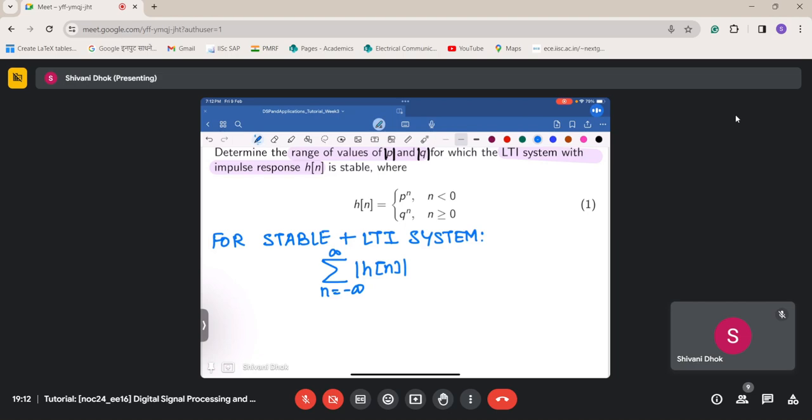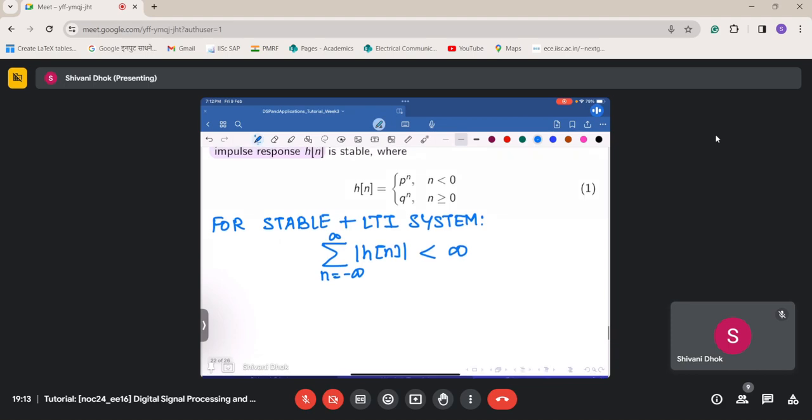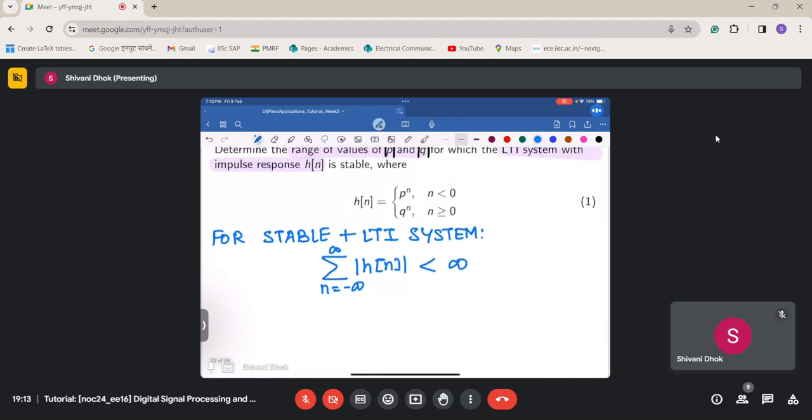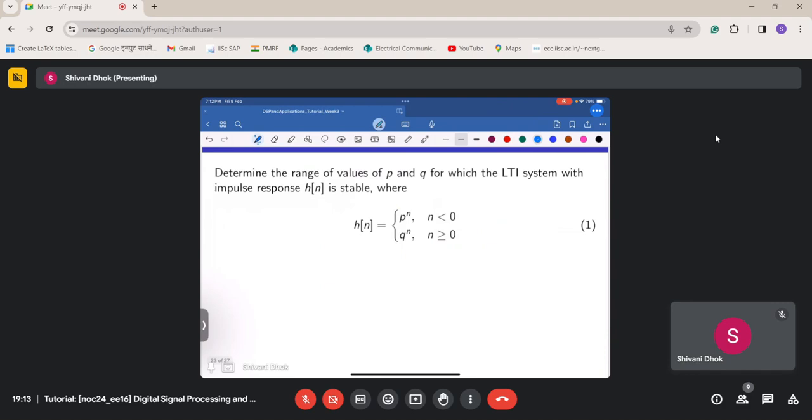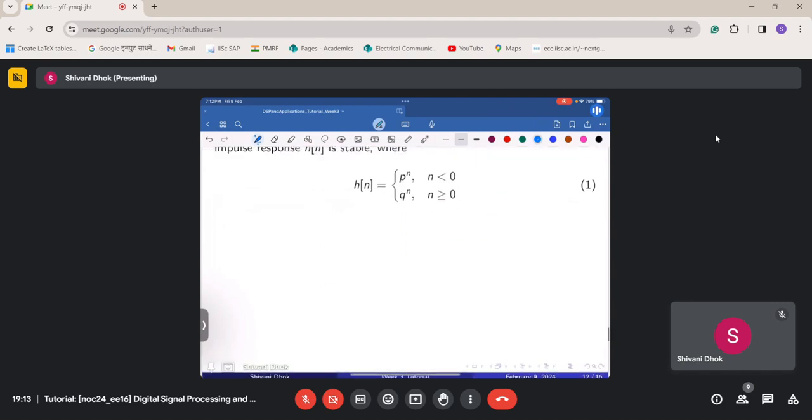That is, summation n running from minus infinity to infinity, magnitude of h of n should be less than infinity. That is, it should be finite. That is what we mean when we say it is absolutely summable. So now let us compute this particular thing. We need to find summation n running from minus infinity to infinity, magnitude of h of n. So how does my h of n look?